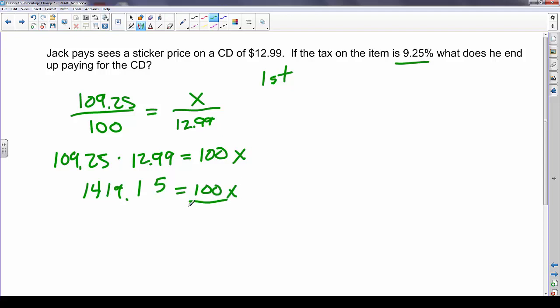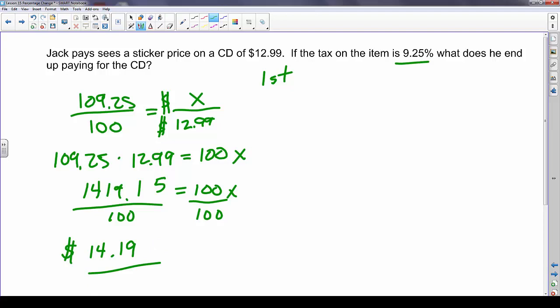I'm going to divide both sides by 100. And that's going to get me a total of 14.19. And remember, these are dollars. So that makes sense. A couple bucks tax on $12.99, or a little more than a buck, and it gets me an out the door price of $14.19.